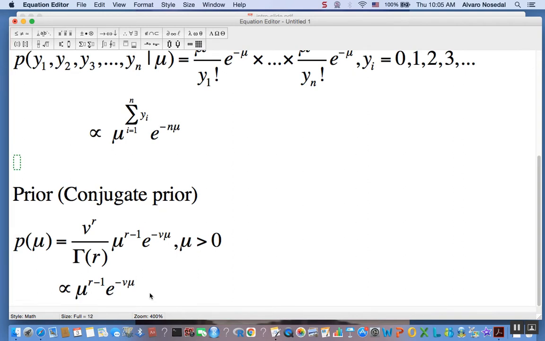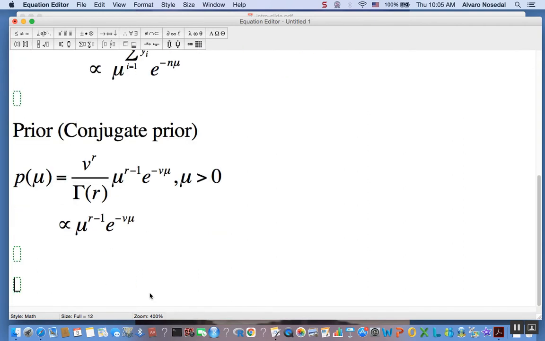Just let me remind you that our posterior is going to be proportional to the product between likelihood and prior, right? So prior times likelihood.